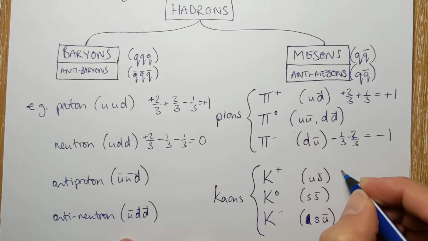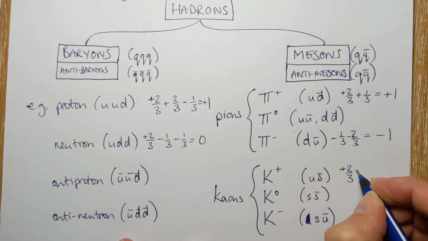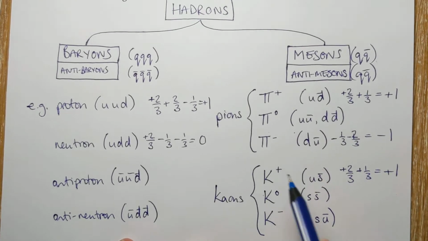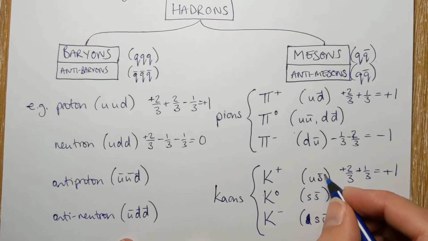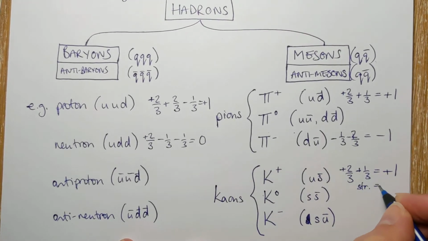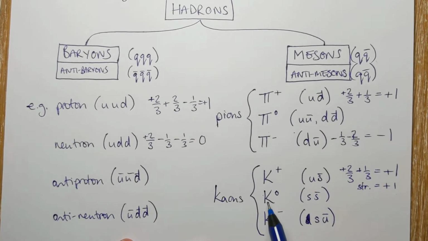So again, we've got an up as plus 2/3, and an anti-strange is plus another third, giving +1 for the charge. But then because it's got an anti-strange quark in there, its strangeness is +1. So that's the K+. The K0, you can see again the charge is going to be 0, and so is the strangeness.